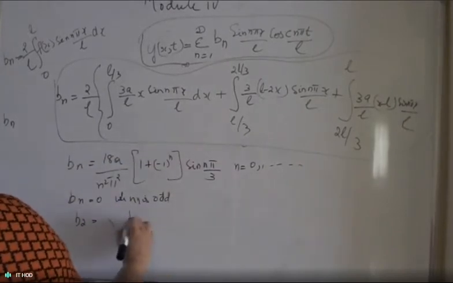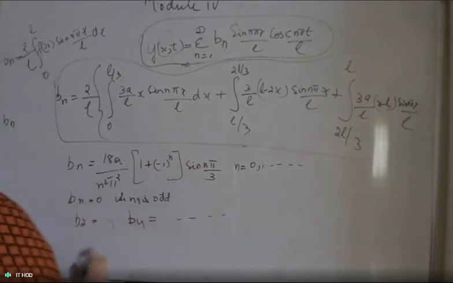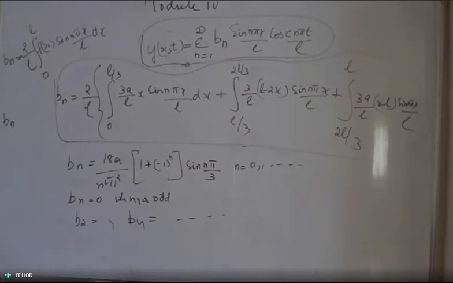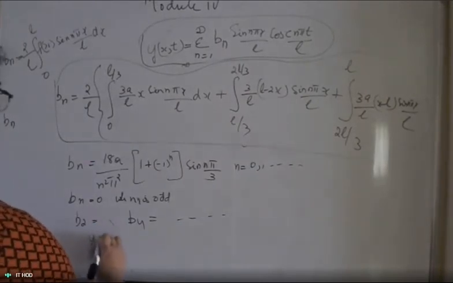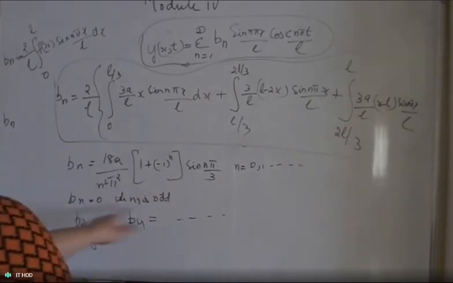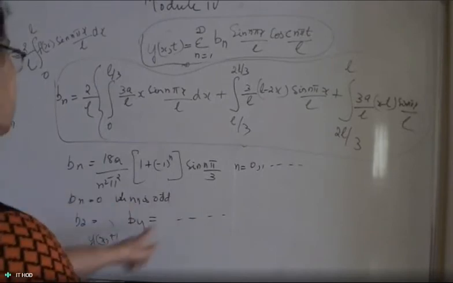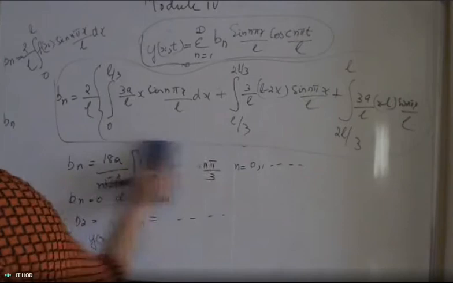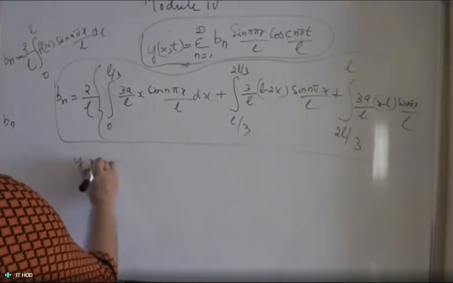And B3 is 0. B4 you can find, etc. Everything odd will be 0; B2, B4, B6, everything you will get. And after that, you can write the final answer: y(x,t) will be like this.